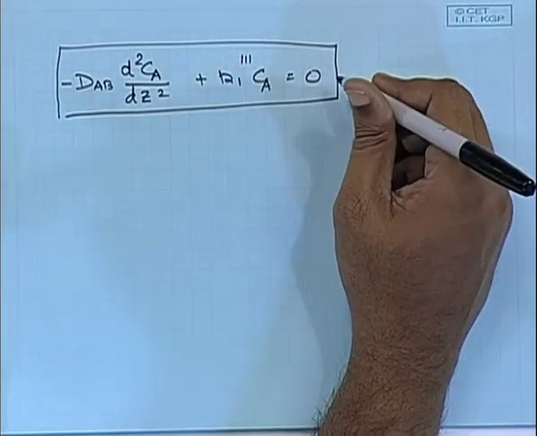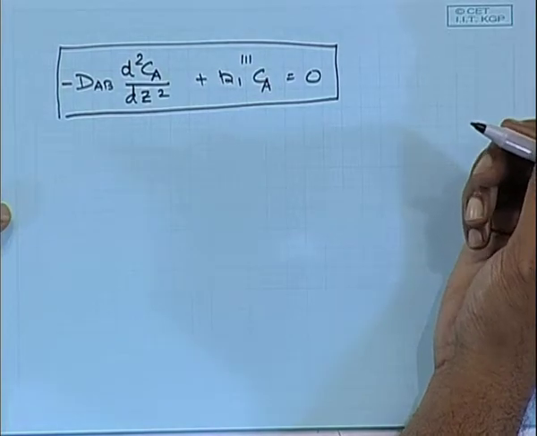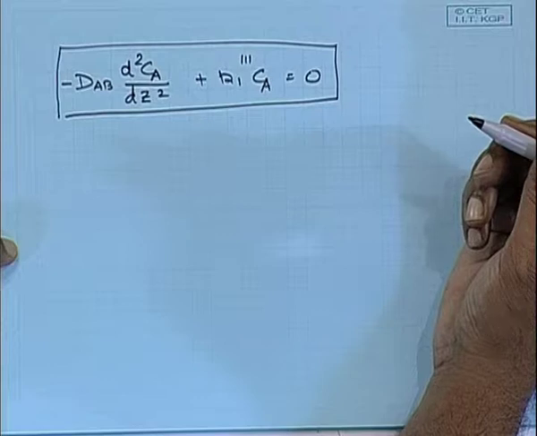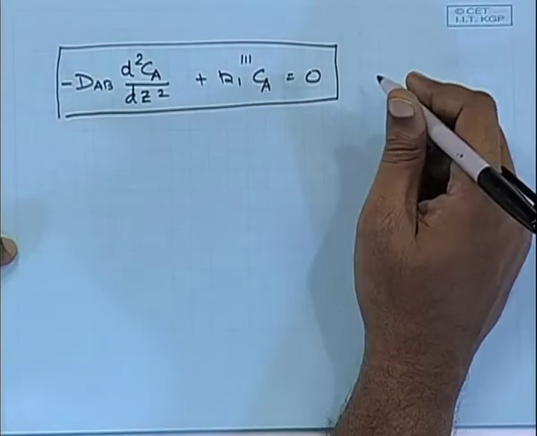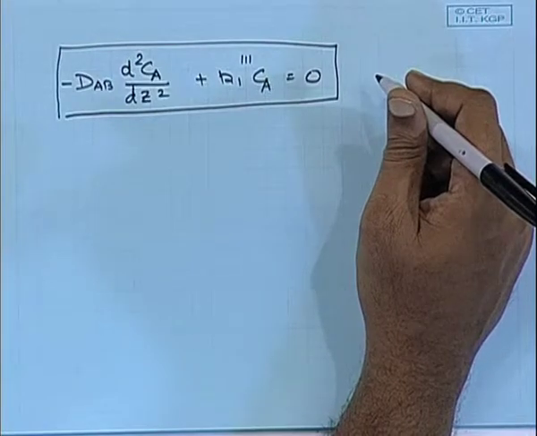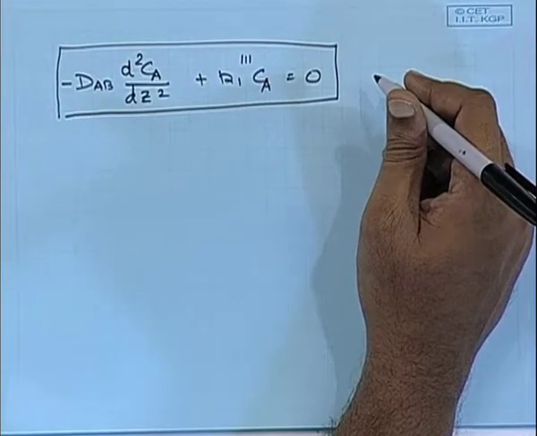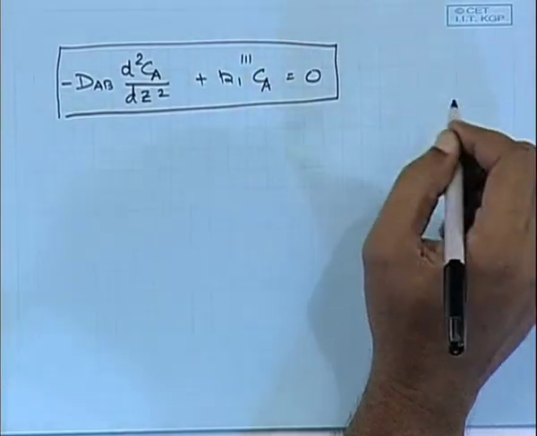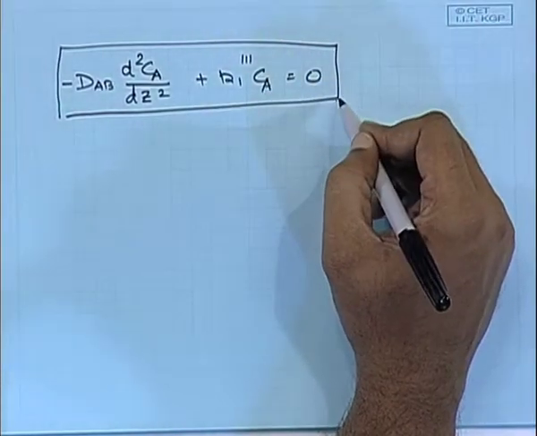Assumptions involved: it is a diffusion only process, and we make it diffusion only by stating that A is sparingly soluble in B. So, the movement of A molecules through the liquid B will not create any bulk flow of B. Now, do you have any question up to this point?